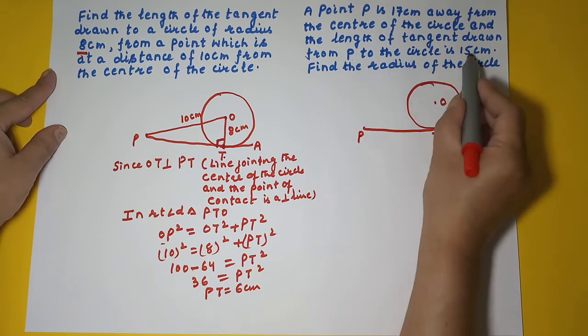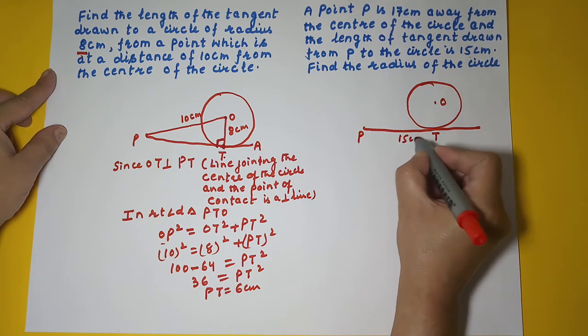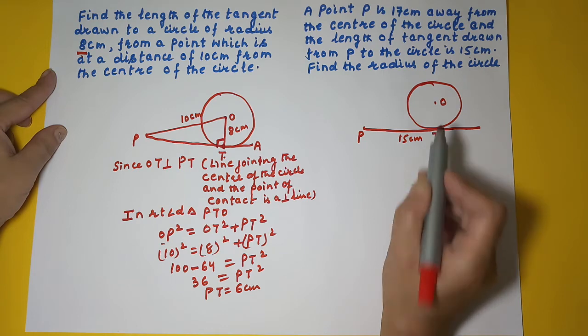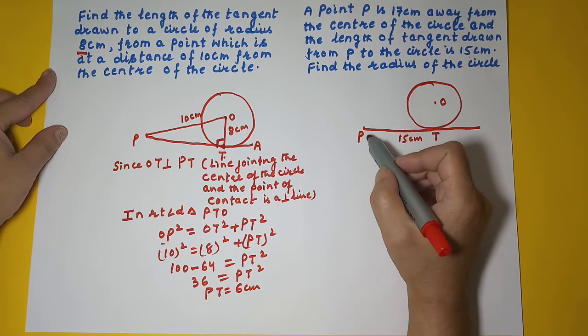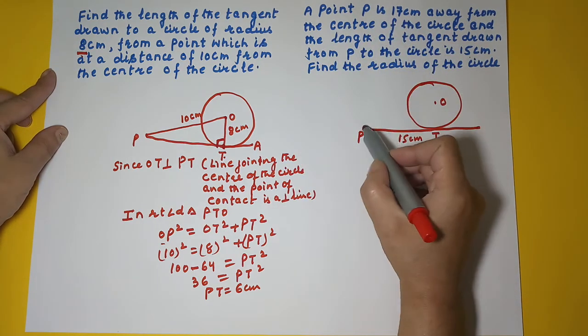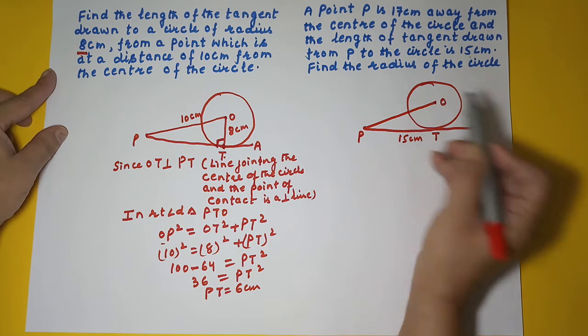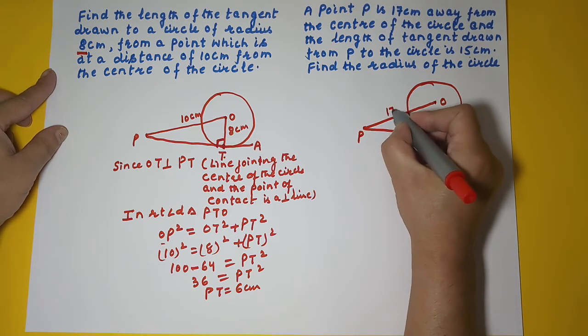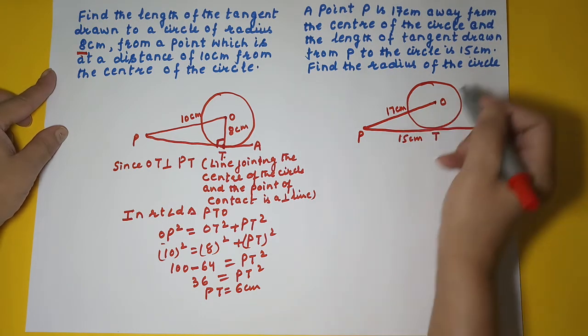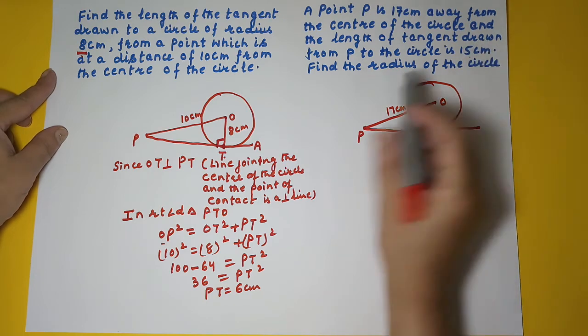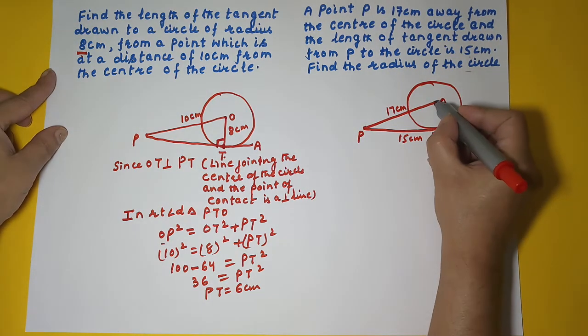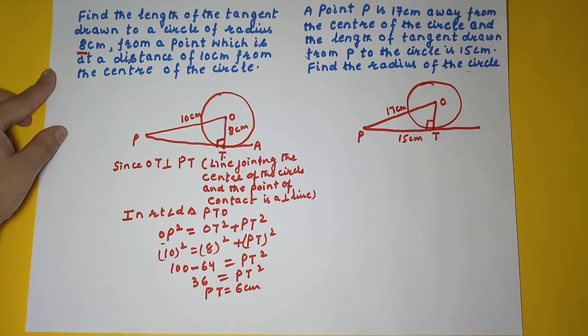This is P. Length of the tangent is given 15 centimeters. That means PT is 15 centimeters and P is 17 centimeters away from the center of the circle. So this is 17 centimeters. Now he wants us to find the radius of the circle. So we will join this. So this will be 90 degree.